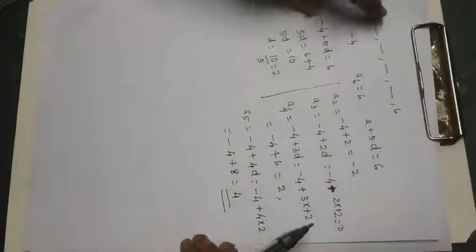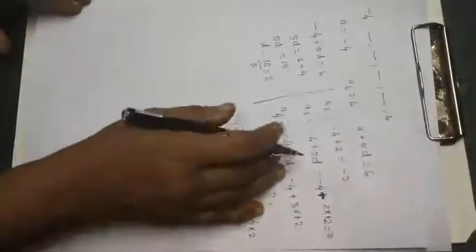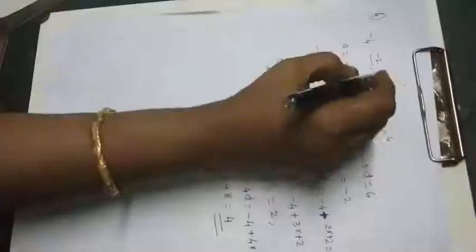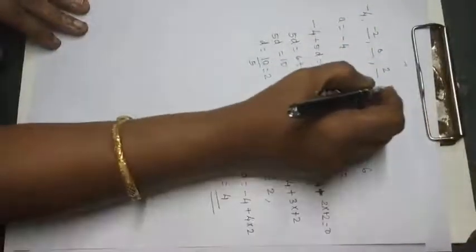So you got the first one negative 2, then 0, then 2, then 4.